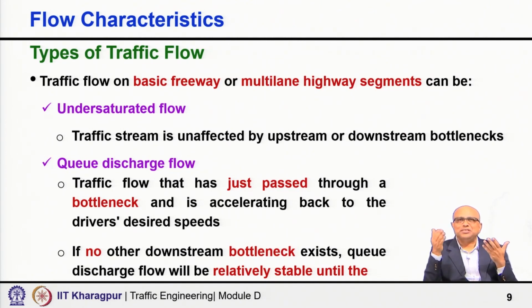The rate is normally slightly lesser than the capacity. So, traffic flow that has just passed through a bottleneck and is accelerating back to the driver's desired speed, think of section B, there you will get the queue discharge.